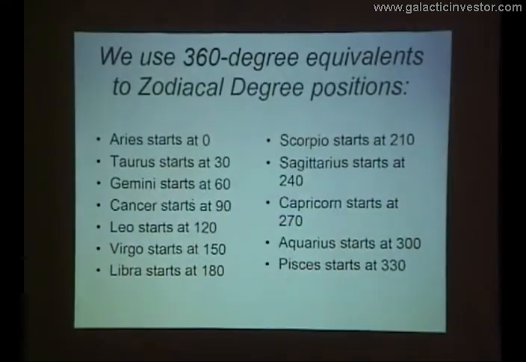Now I mentioned we convert to 360-degree equivalents, and I think that was in the handout as well in case you're not already familiar with this. This is fundamental to this whole work because when you start talking astrology, there's a huge amount of confusion between what sign are you, which is what you ask at the party, okay, and where is something in a sign of the zodiac.